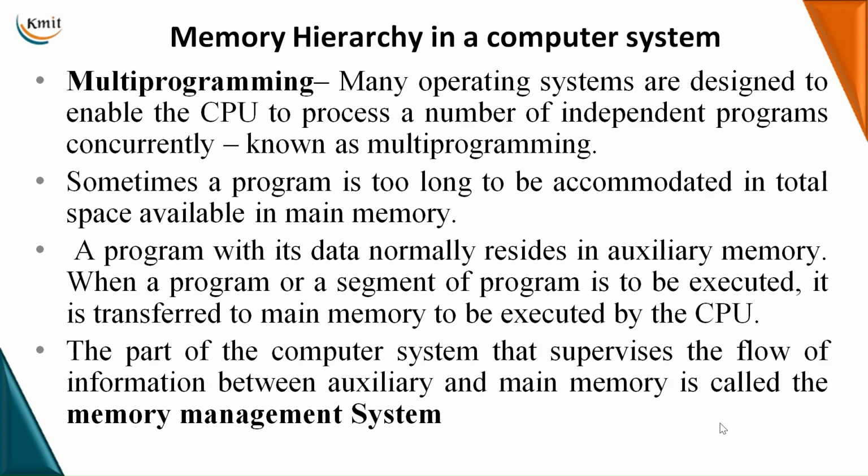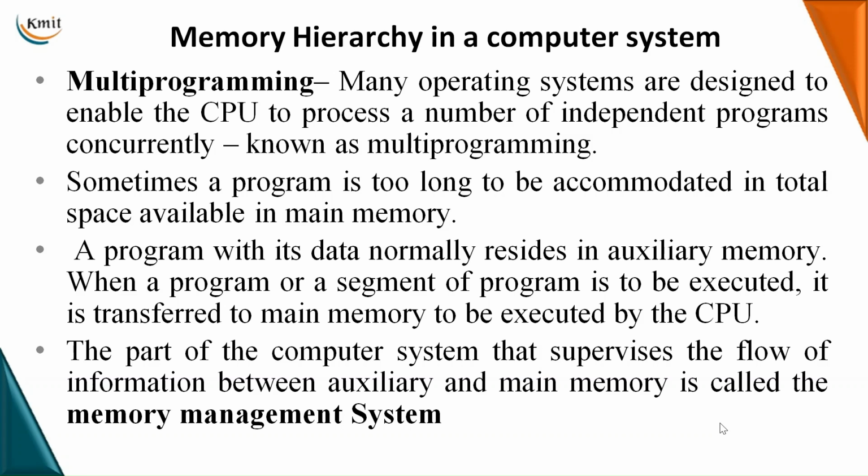So when your program size is too long and you cannot accommodate it into your main memory, rather than placing the entire program into main memory, you can take a segment of the program which is required by the CPU at that point of time, and only that can be transferred into the main memory.